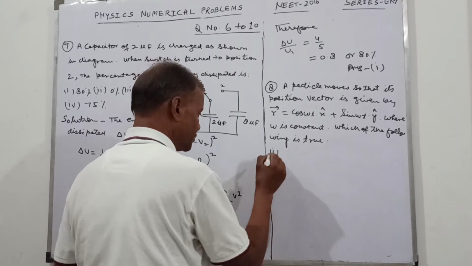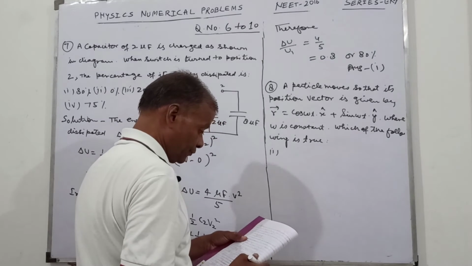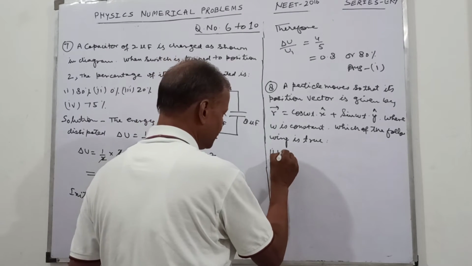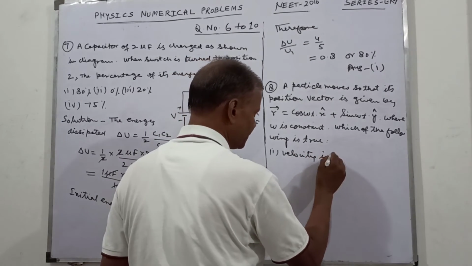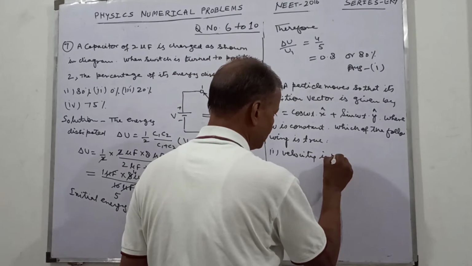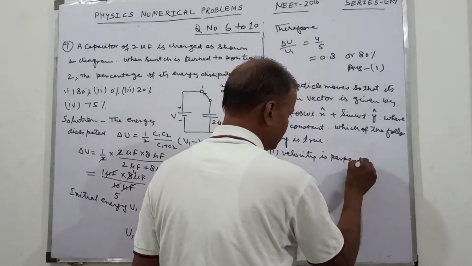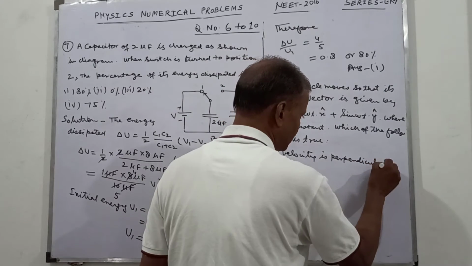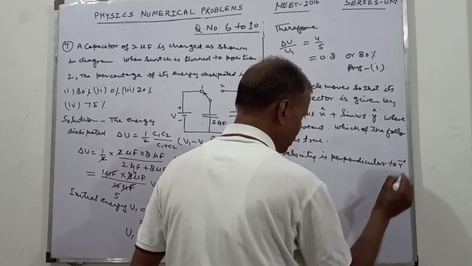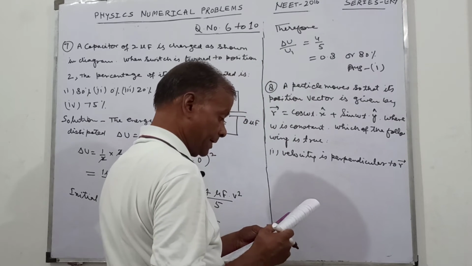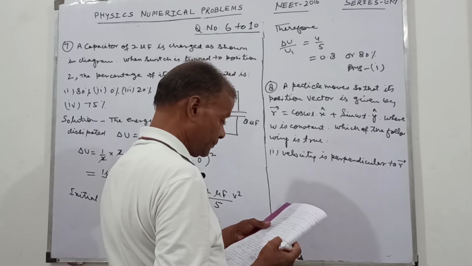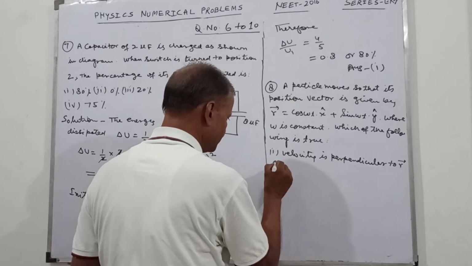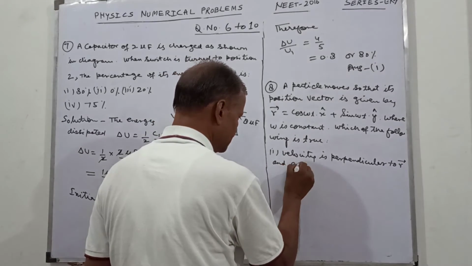Now this first option is velocity is perpendicular to R, and the acceleration is directed away from origin.